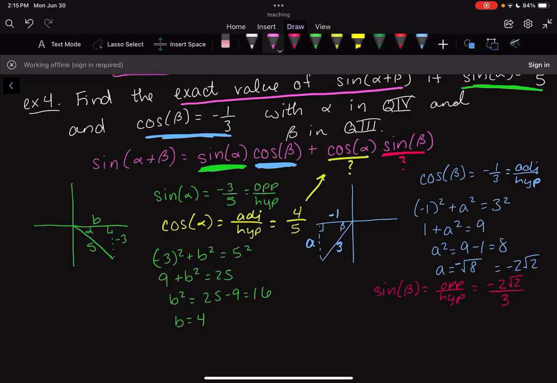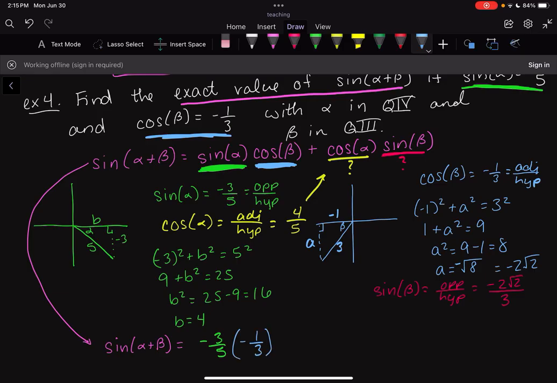Now I have all the information I need to come back to this identity. So sine of alpha plus beta is equal to sine of alpha, they gave me, it was negative 3 over 5. Cosine of beta they gave me, it was negative 1 over 3.